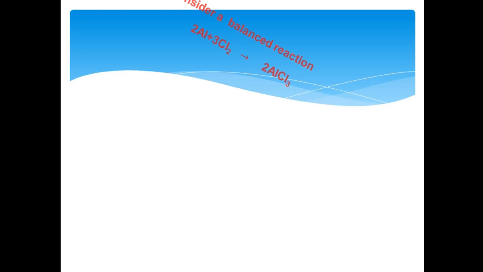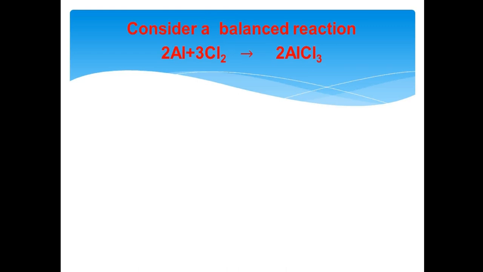Look at this slide on which a balanced chemical reaction is shown, in which aluminum chloride, which is a product, is formed.